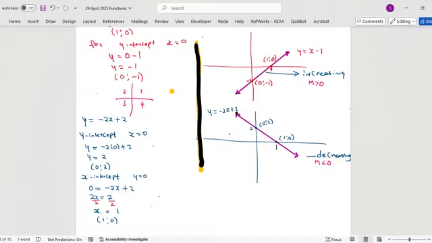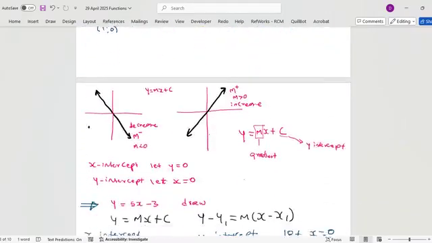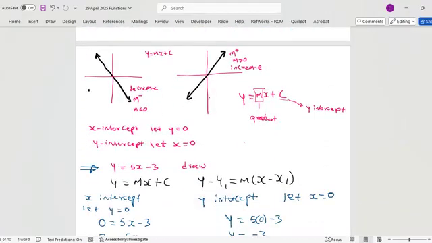The gradient is talking about the slope, either going down the hill or up the hill. The graph is decreasing if our m, which is the gradient, is negative. The graph is increasing if our gradient, m, is greater than 0, or positive.